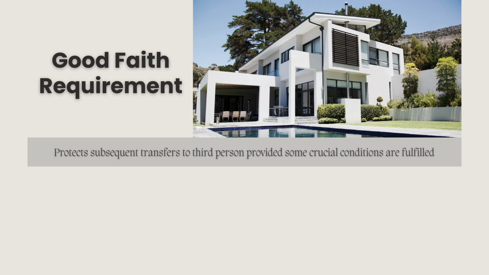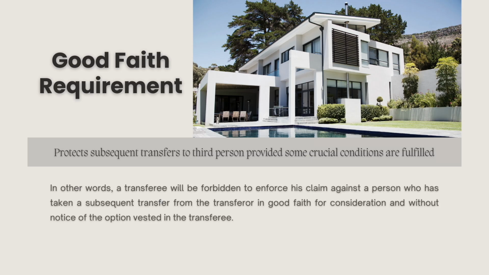Another requirement that we need to focus on is the idea of good faith. This section protects subsequent transfers to a third person provided certain crucial conditions are fulfilled. In other words, a transferee will be forbidden to enforce his claim against a person who has taken a subsequent transfer from the transferor in good faith for consideration and without notice of the option vested in the transferee.